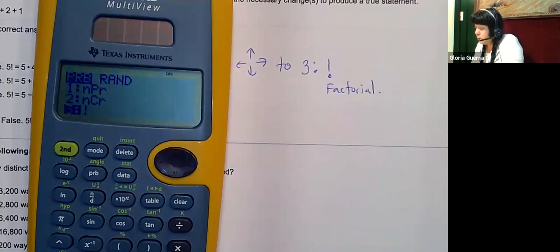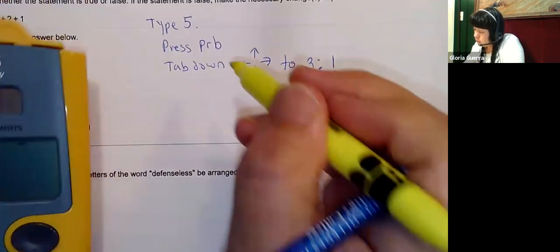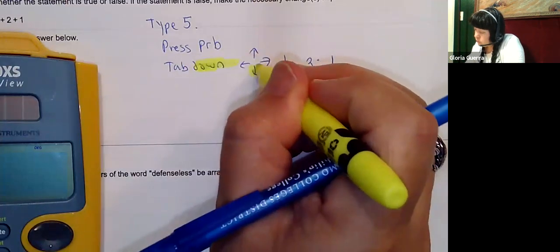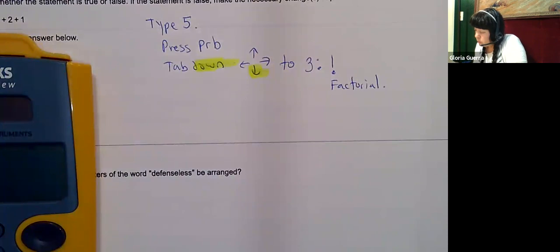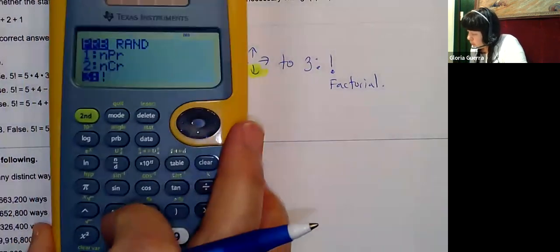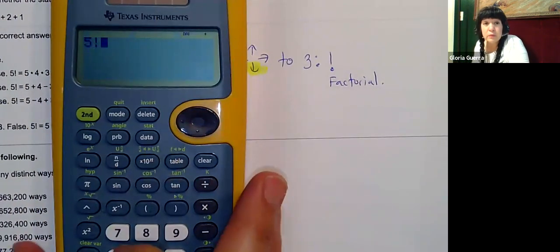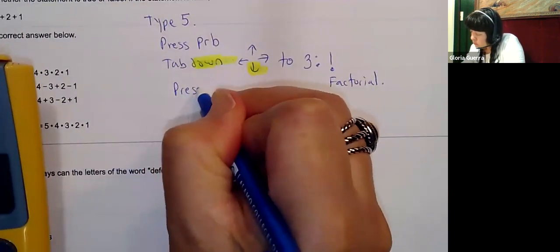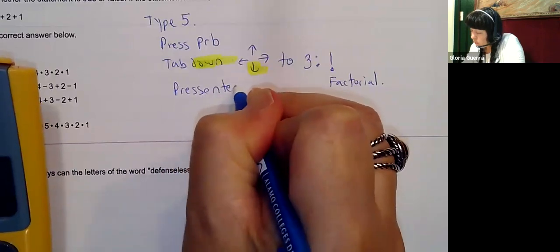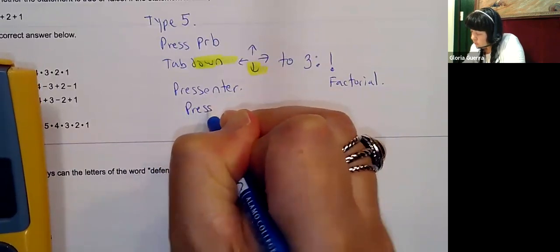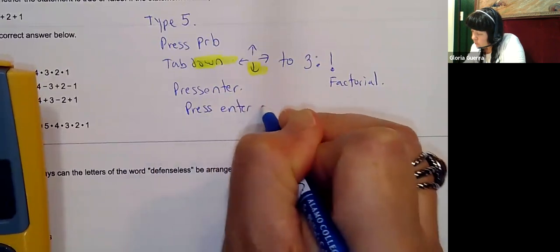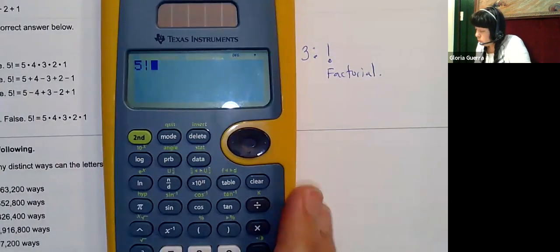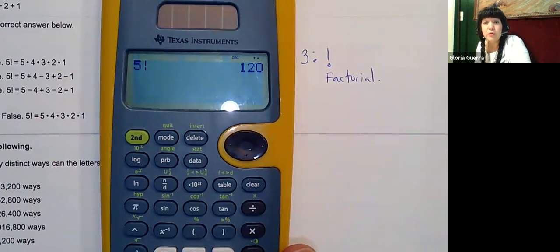Okay, so I'm going to highlight this, and then hit enter. And then you're going to have to press enter again. Okay, and you get 120.